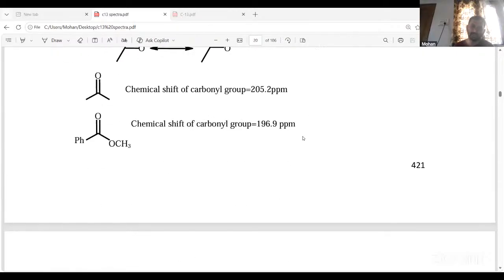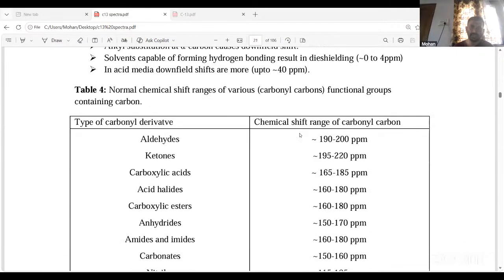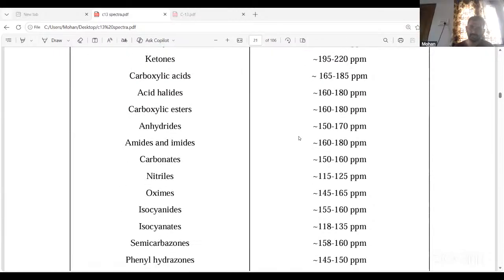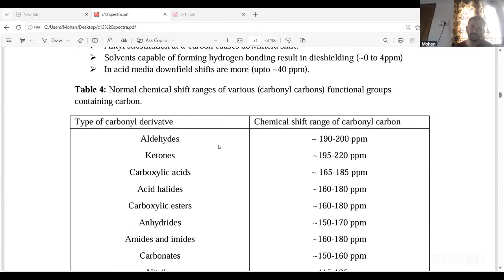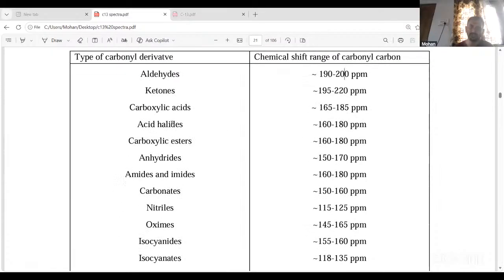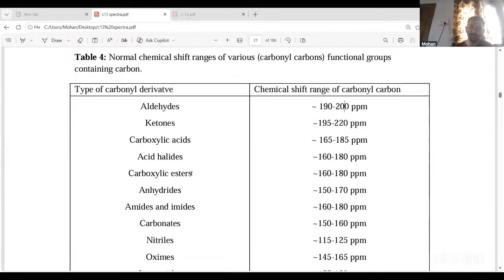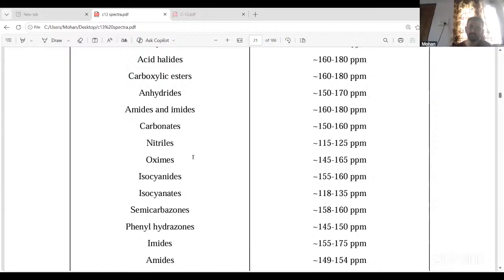For the carbonyl compounds also, you can do the calculation as per that formula, and the values are given here. After calculation, you can compare with the literature values. For aldehydes it is 190 to 200, for ketones 195 to 220, for acids 165 to 185, and for nitriles or cyanides 115 to 125.